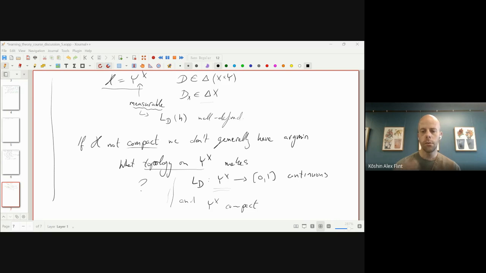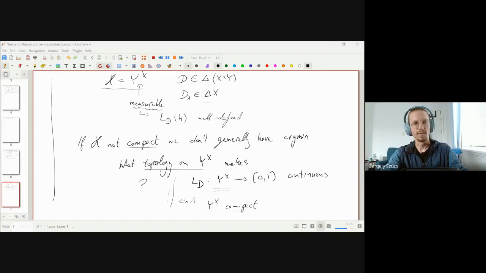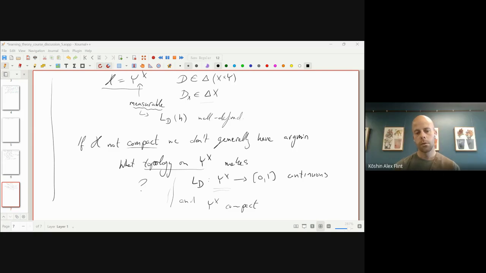Because if you have an interval with a point missing, there are many cases where you can define the Bayes optimal classifier over such a hypothesis space. We have to make other assumptions.